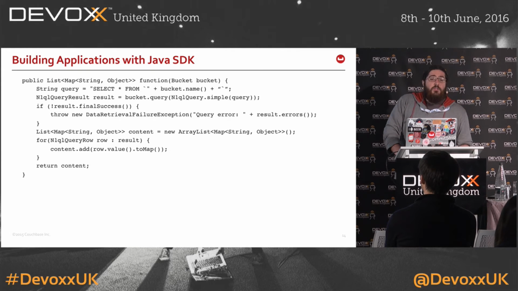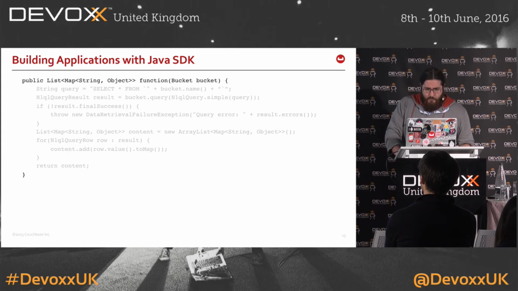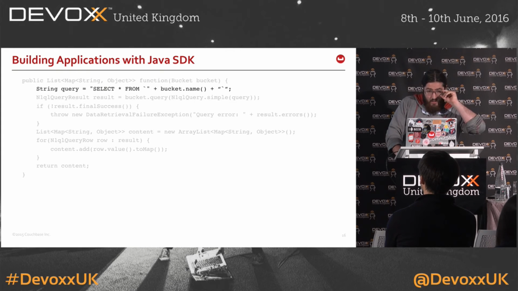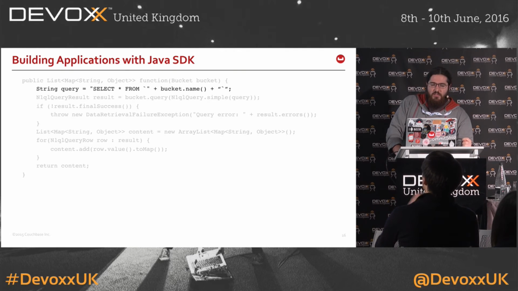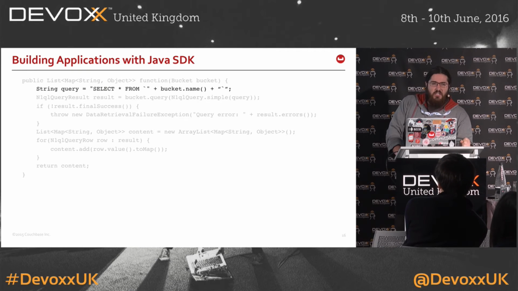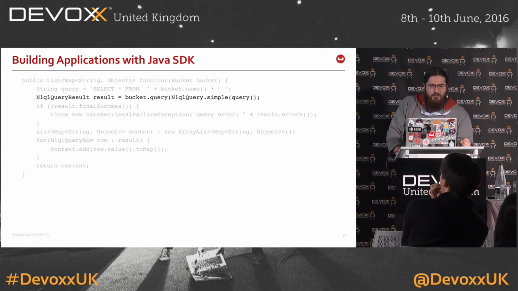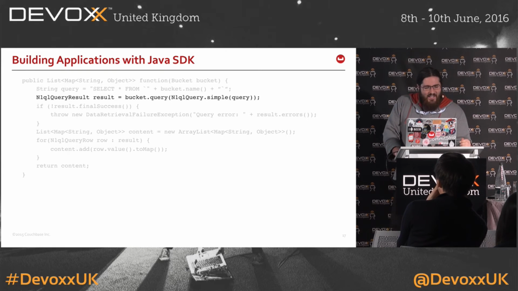And once you've stored many documents, you want to query them. So I have a function that takes a bucket as a parameter, and I'm running a very simple query, select star from the name of my bucket, which is give me all the documents in my bucket, which you should probably not do in real life, but that's a very simple example to understand.